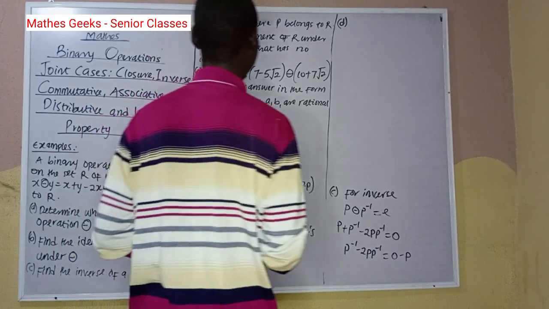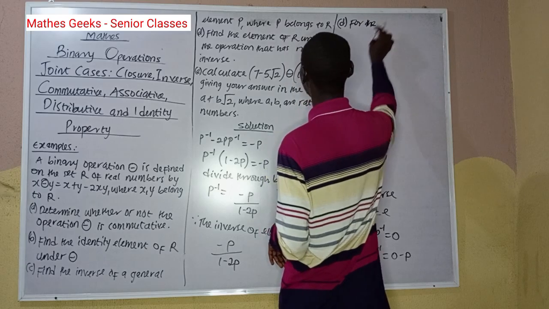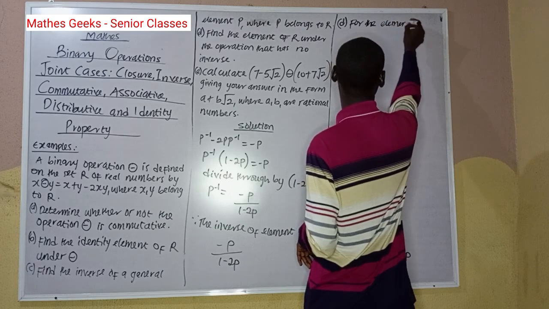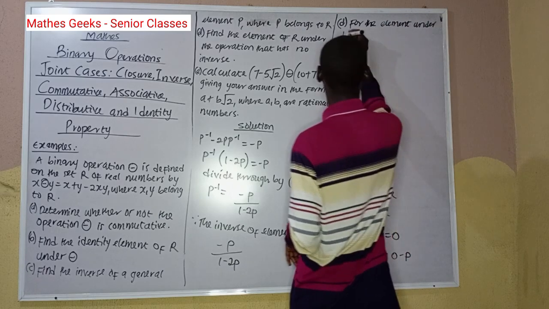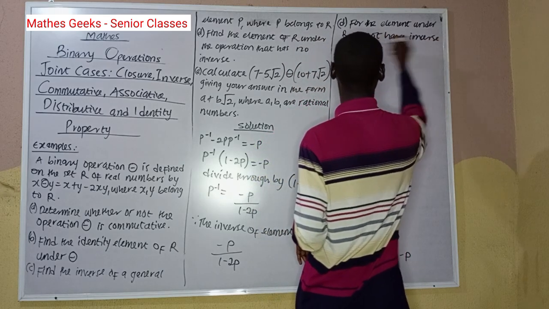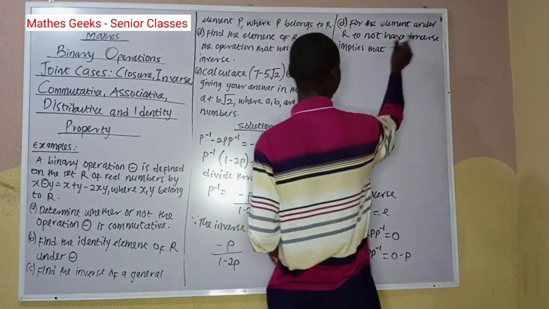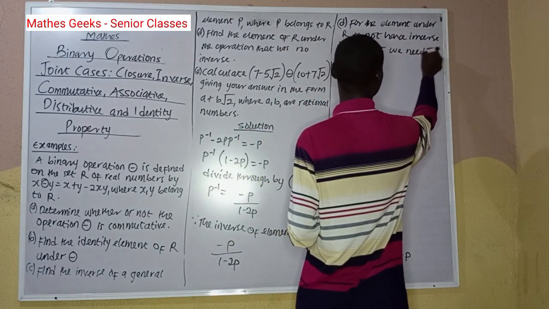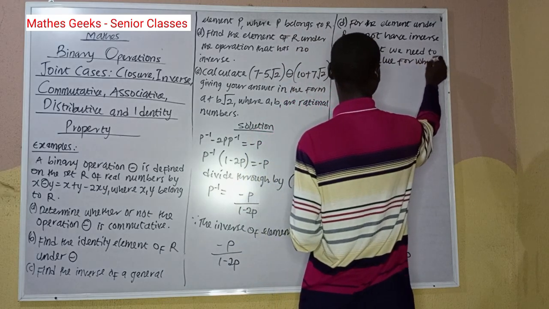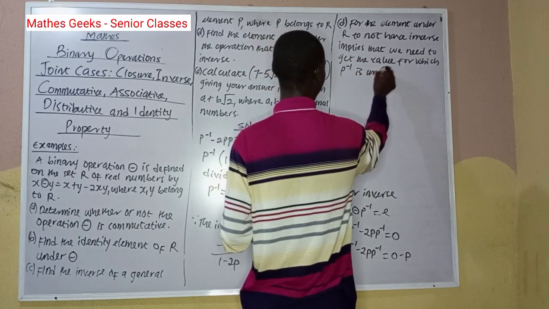D, find the element of R under the operation that has no inverse. For an element of R to not have an inverse, we need to get the value for which P⁻¹ is undefined.